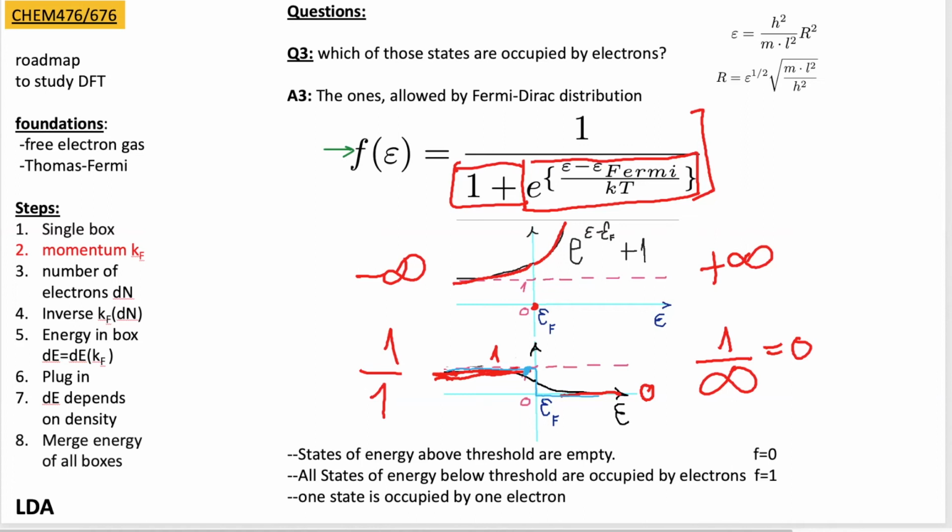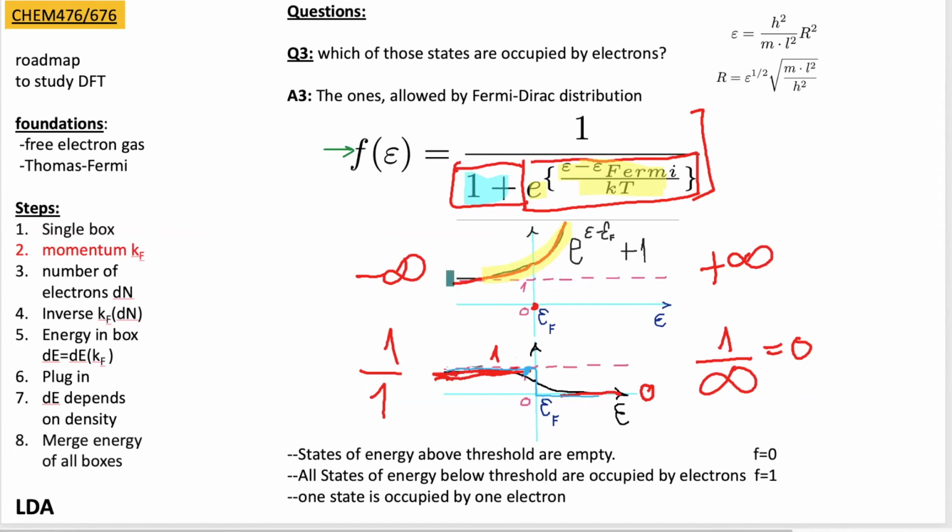So first, I can draw this exponential of energy, and it is just an increasing function. Then I add 1, and it is just shifting everything up, right? And then dividing 1 over this stuff.